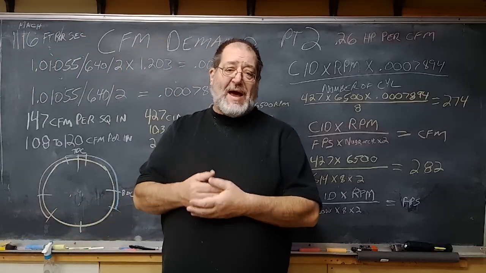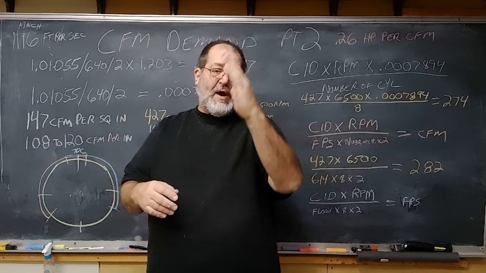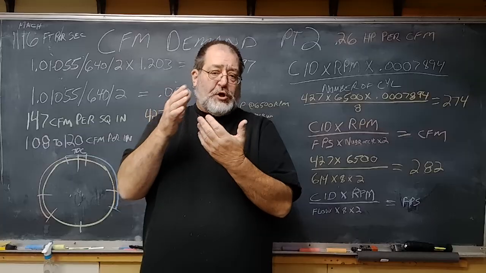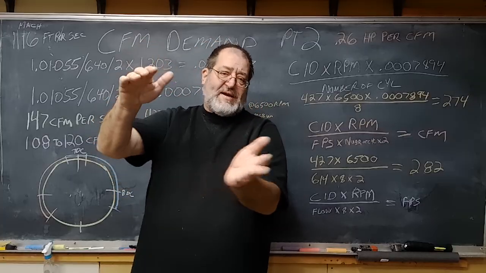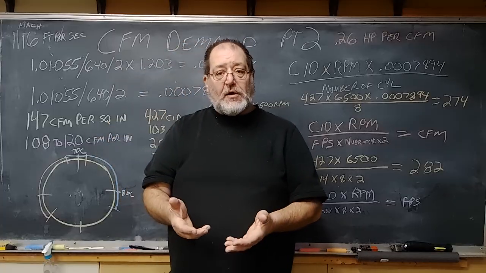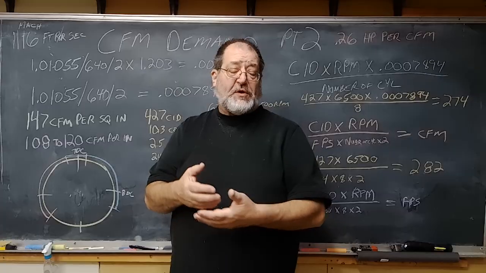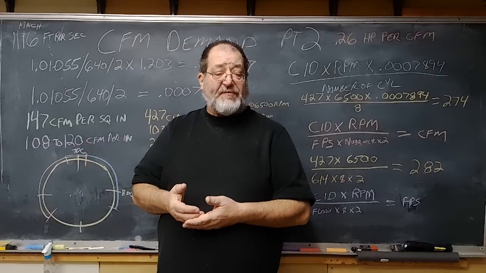Now, if you have a race motor, a tunnel ram, a straight runner, a raised port, a good shot at the back of the valve, you've basically straightened out the assembly as best you can. Well, you're going to get better effective use of the cross-sectional area, and that might be more like 120 CFM.